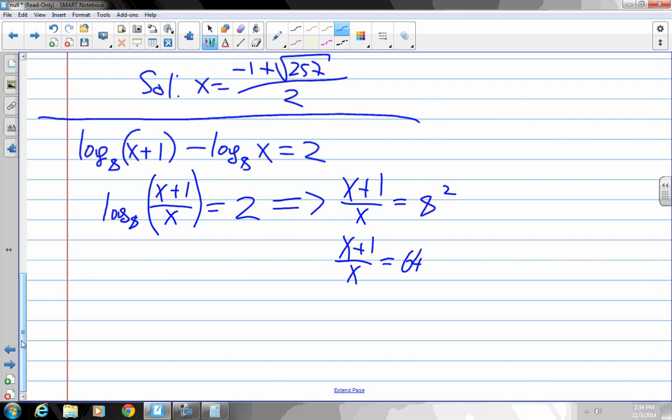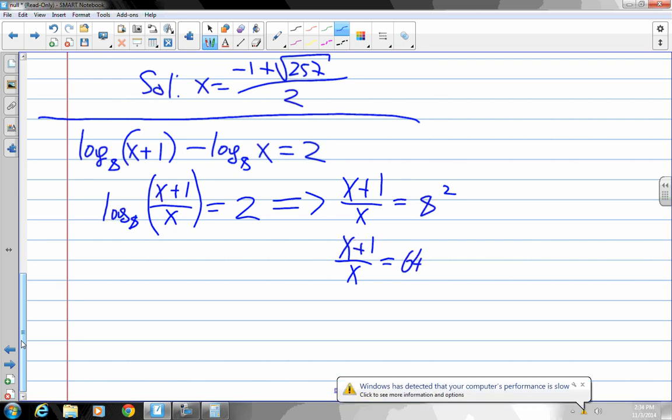How do we solve that? Anyone? It's a rational equation, has a denominator.